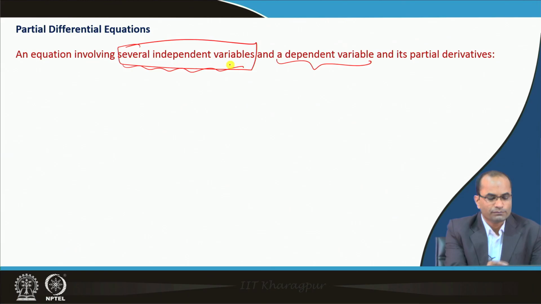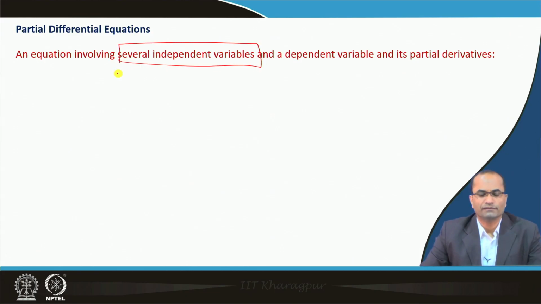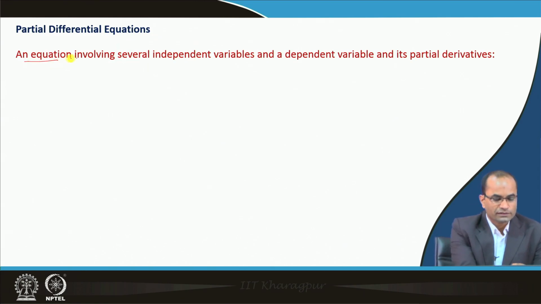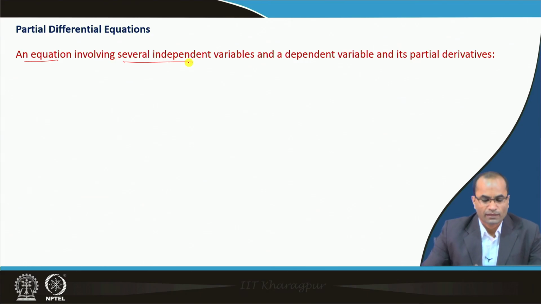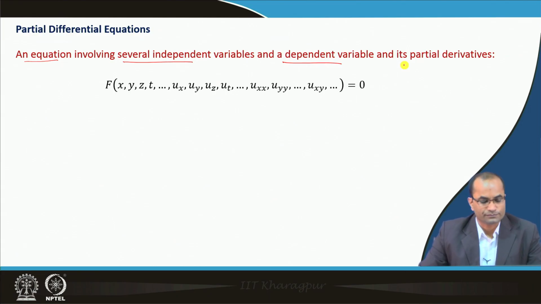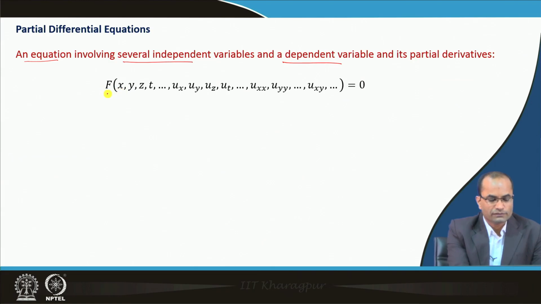The important point which differs from the ordinary differential equation is to have several independent variables, because now we will be talking about partial derivatives. There is no ordinary derivative anymore because of more independent variables. So, this is an equation which involves several independent variables and a dependent variable, and of course, its partial derivatives, a relation between x, y, z, t, for instance. These are the independent variables, and u here is the dependent variable.